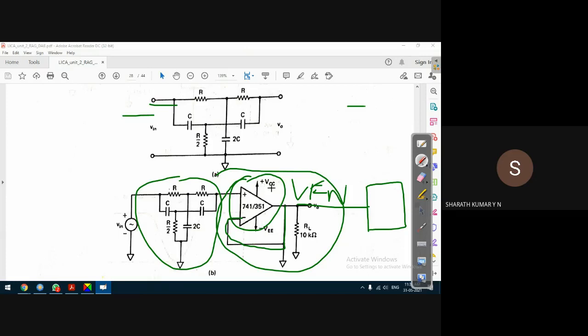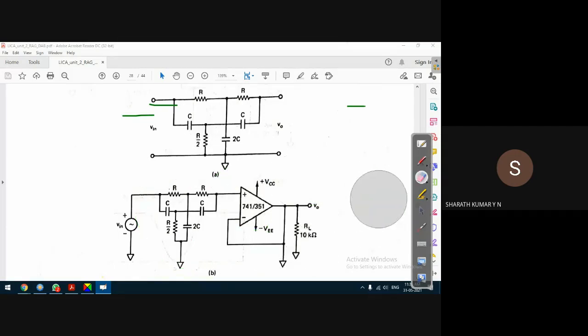This will reduce what is known as the loading effect, which we have discussed. So it gives a voltage follower network as well as avoids the loading effect on the passive network. That's the advantage of using a voltage follower.